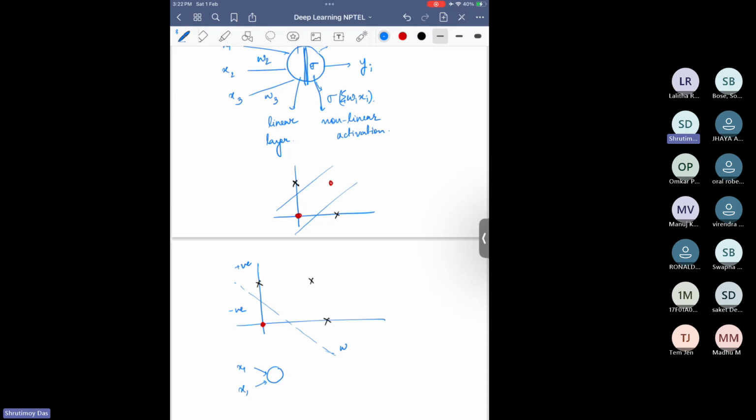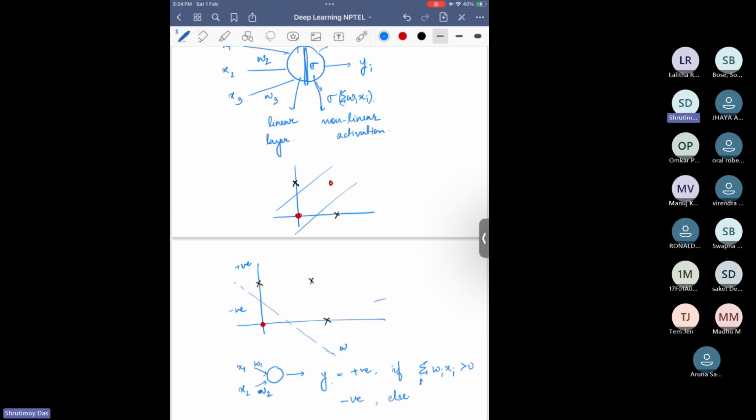You have x1, x2, w1, w2, and a nonlinearity, and you can just say y is positive if this is positive, else negative. So this problem is separable by a line.